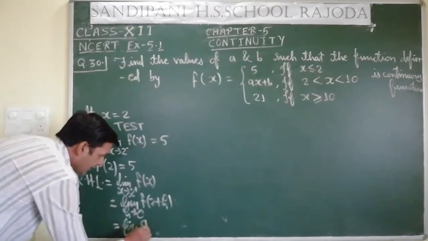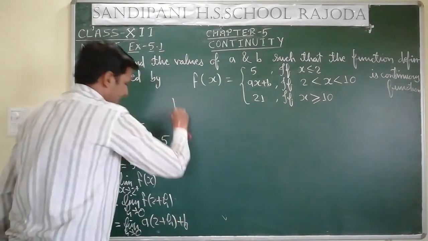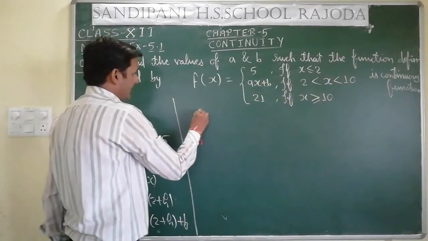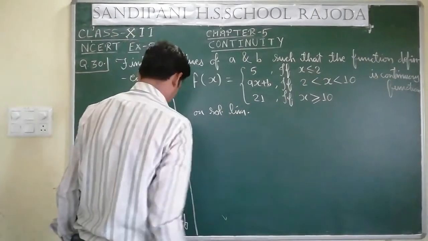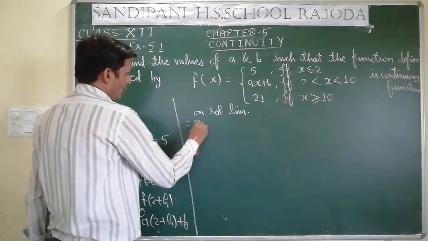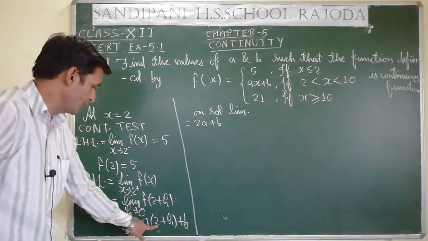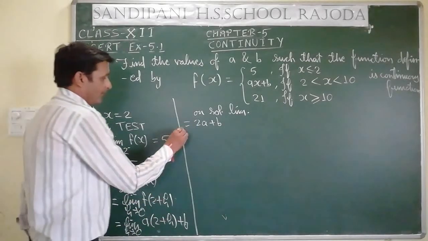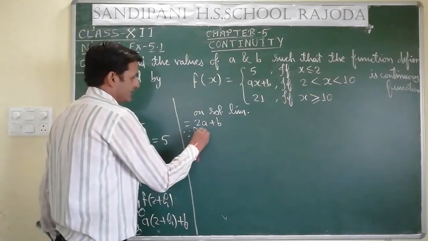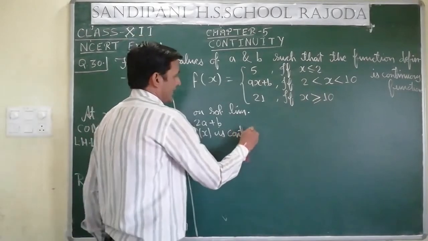So, it will be a into 2 plus h plus b. Now, on solving the limit, this will become 2a plus b because the value of h is 0. So, 2 is multiplied by a plus b. So, 2a plus b, because f of x is continuous at x is equal to 2.